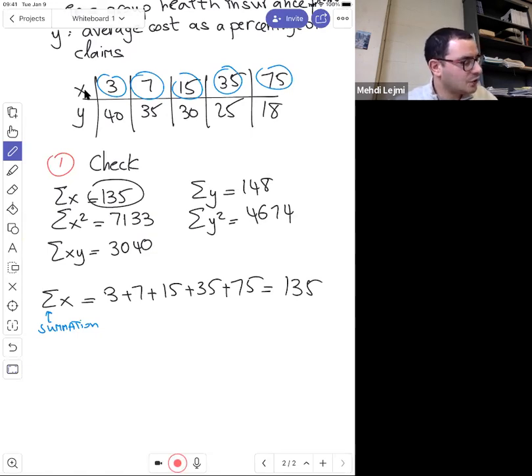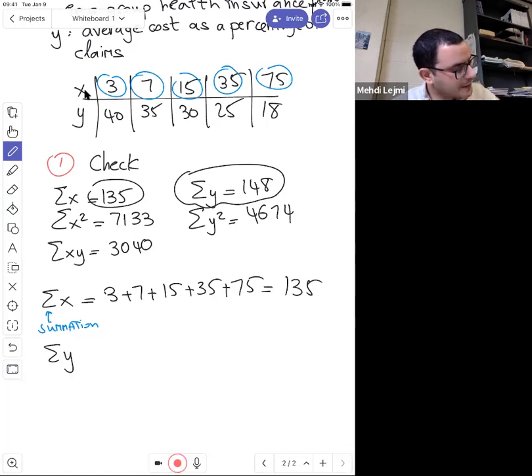Next, we need to check that the sum of the y's is 148. Again, the sum of the y's is just the sum of the values of y, which are the values in the second line: 40, 35, 30, 25, 18.